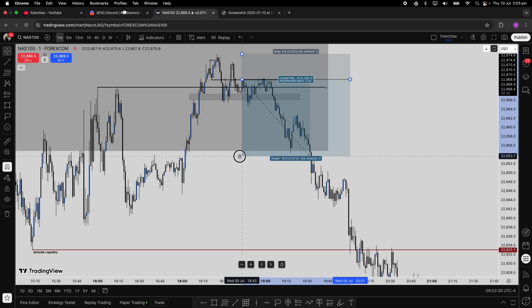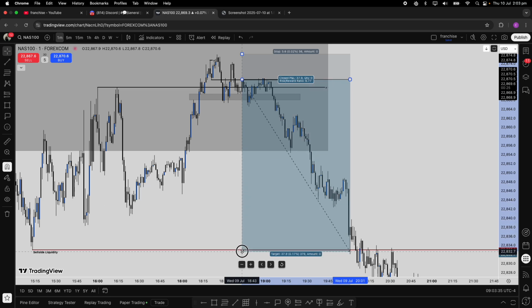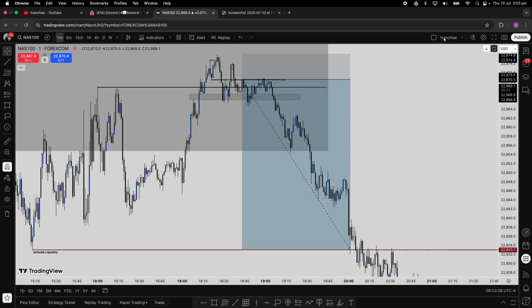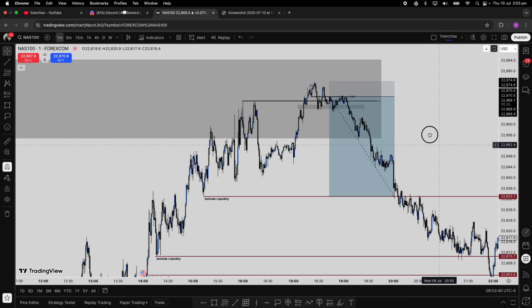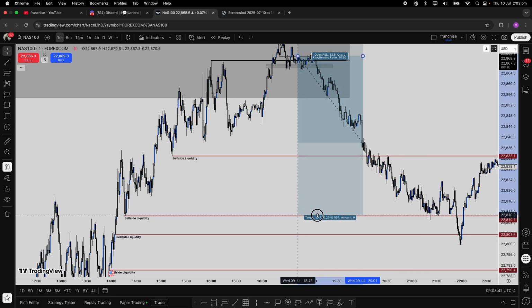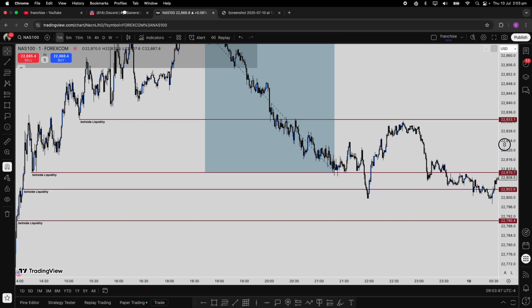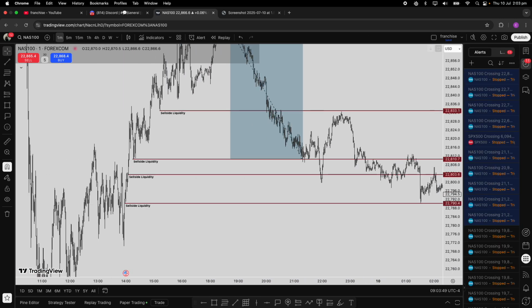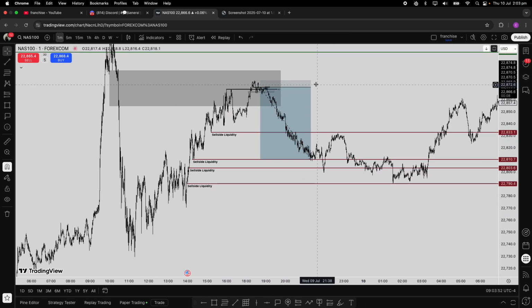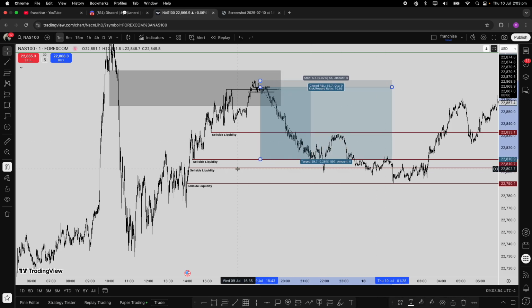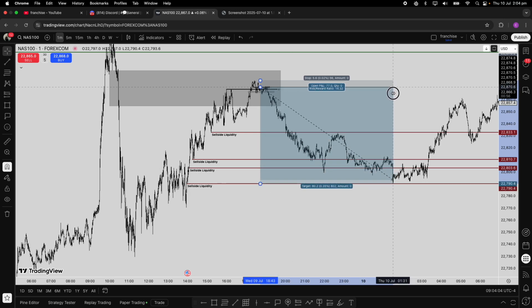You could have just took your 3R, ran, 2R, ran, but first target is 7R. Second target, 10R. Third target, 12. Last target, the bottom tick, is 14R.